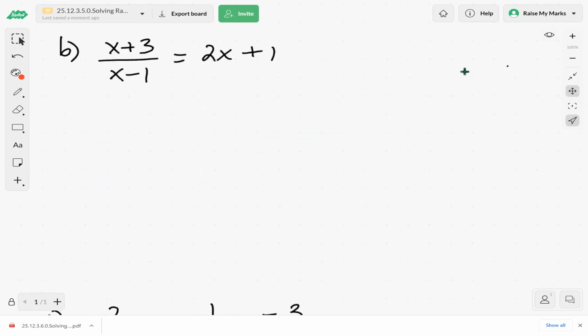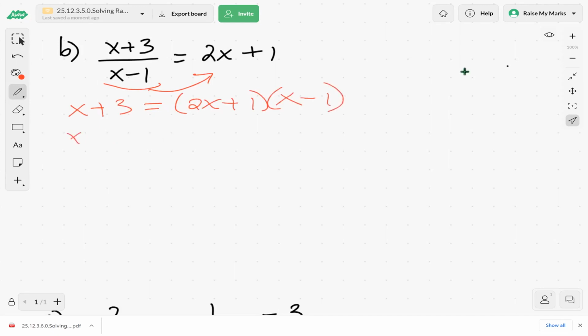All right, so B. Here we have x plus 3 over x minus 1 equals 2x plus 1. Again, we want to try and bring all the x's into the numerator. So we're going to cross multiply and bring this x minus 1 over to the right-hand side. When we do that, we have x plus 3 equals 2x plus 1, all times x minus 1.